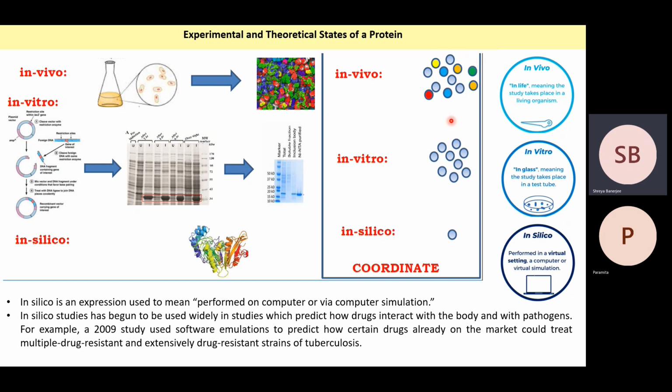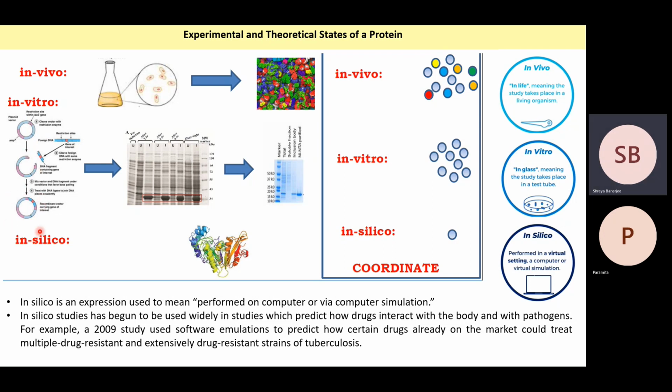So what happens in vivo is that you can have many different kinds of proteins. So you are not able to isolate that particular protein that you want to study. So that might create some confusion. In vitro, so we had learned about in vitro, where in a plasmid using restriction enzymes, a particular fragment is cut out and replaced with the gene that we want to replicate.